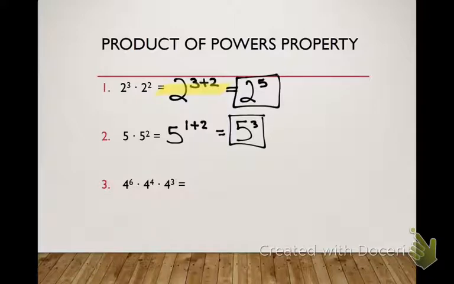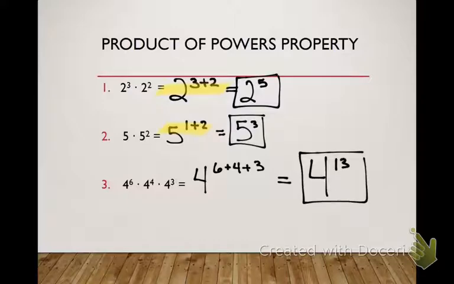Go ahead and do the number 3, but make sure you include that middle step and you show what exponents you're adding together, but you only have to write the base once. All right, so I keep my common base, 4, and I add all my exponents together. 6 plus 4 plus 3 to get 4 to the 13th power. All right, so when I'm multiplying same base, I can add my exponents.